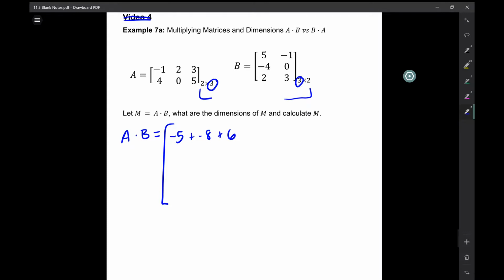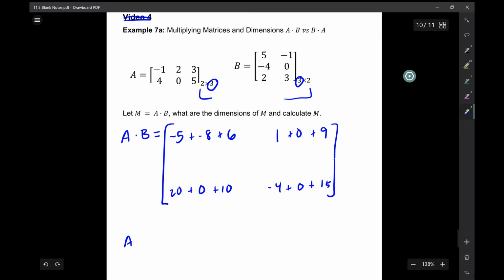Negative 1 times negative 1 is 1. 0 times 2 is 0. 3 times 3 is 9. That's the second entry. 4 times 5 is 20. 0 times negative 4 is 0. 5 times 2 is 10. All right, last entry. Negative 1 times 4 is negative 4. 0 times 0 is 0. 3 times 5 is 15.